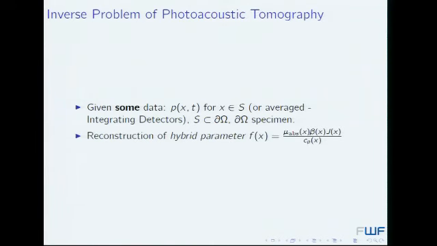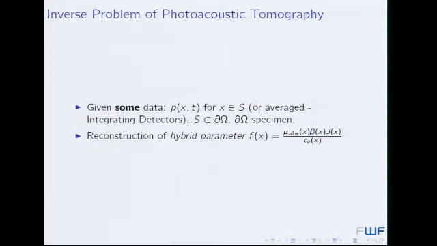The imaging problem then is just to measure something of the pressure outside of the specimen. Usually you put them into a water tank or something like this. If you do tomography, you don't have to, but this is what we are doing. And then you measure the pressure outside at the specimen.